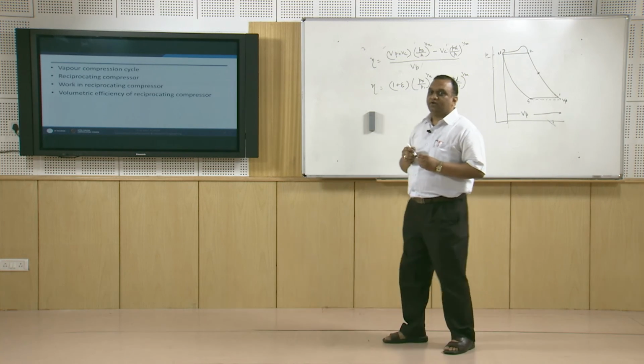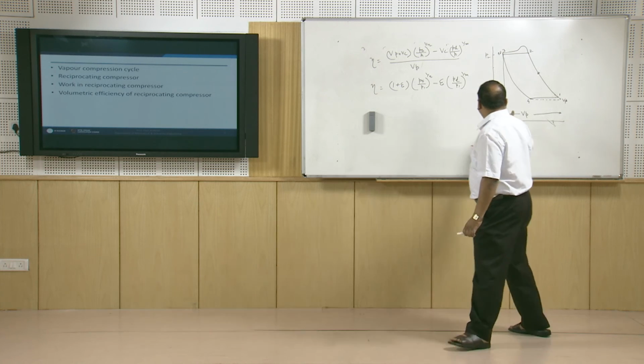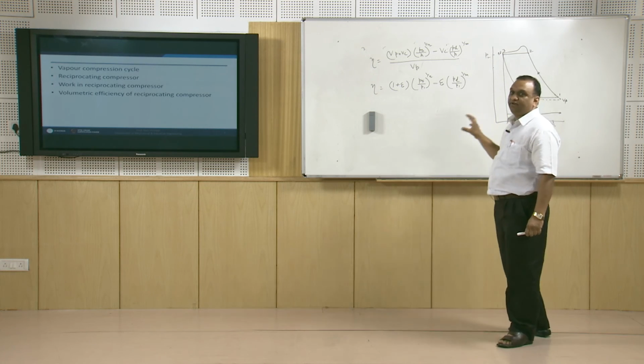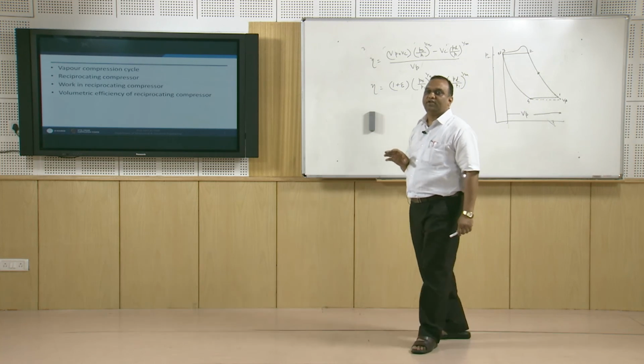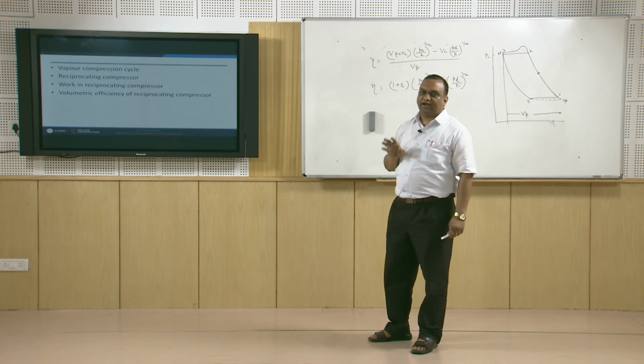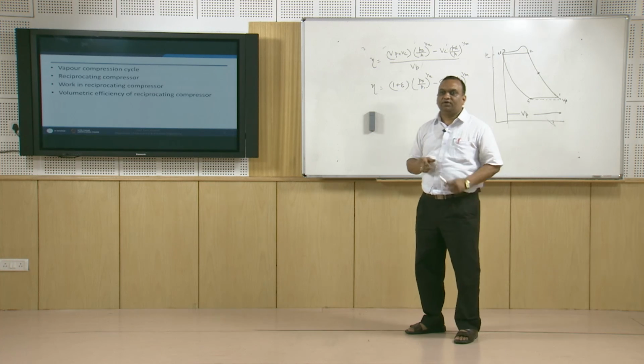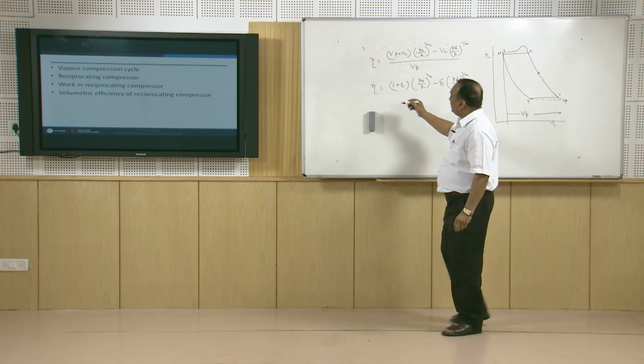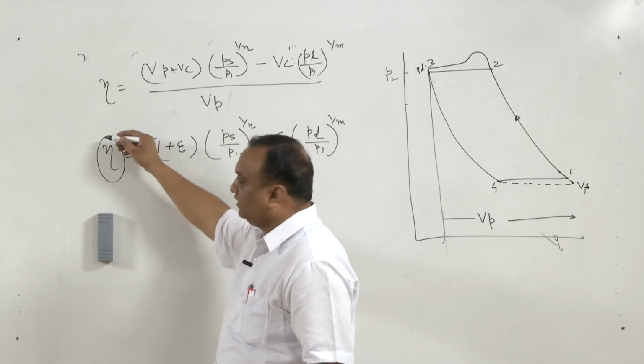After finding out the volumetric efficiency of this compressor, this expression is very helpful in analysis of the vapor compression refrigeration system, because while analyzing the vapor compression refrigeration system we always require the volumetric efficiency of the reciprocating compressor.